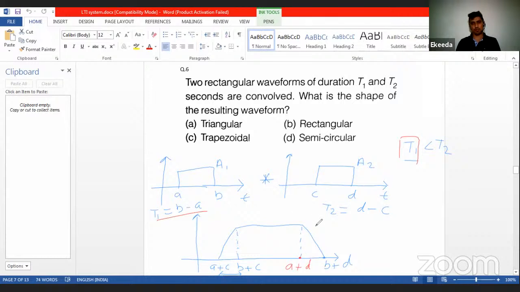And this amplitude will be A1 A2 multiplied by the smaller duration. So whenever there is unequal duration, then it will be a trapezoid.